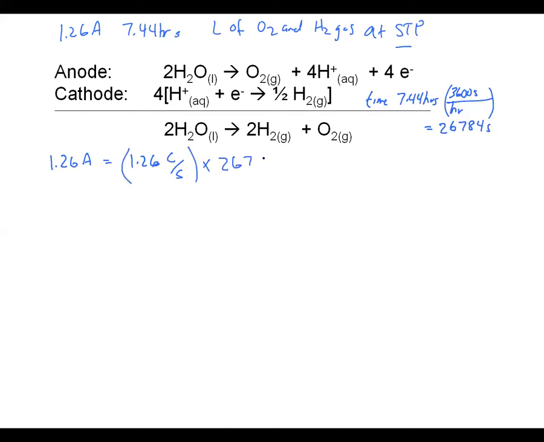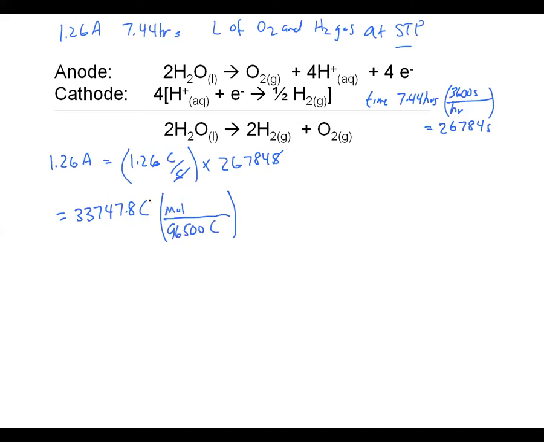So what we're going to do is multiply those two things. The seconds will cancel, and that's going to give us our coulombs of charge associated with this cell for that many hours. And we do end up with 33,747.8 coulombs. This is where we're going to use that constant to convert from coulombs to moles of electrons, and that's Faraday's constant.